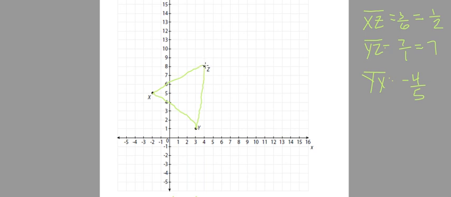So I'm going to count down 4, 1, 2, 3, 4, and over 5, 1, 2, 3, 4, 5, and I'm going to plot a point there. Then I'm going to go down 4 more, 1, 2, 3, 4, and over 5, 1, 2, 3, 4, 5, plot a point there. I'm going to go back in this direction.